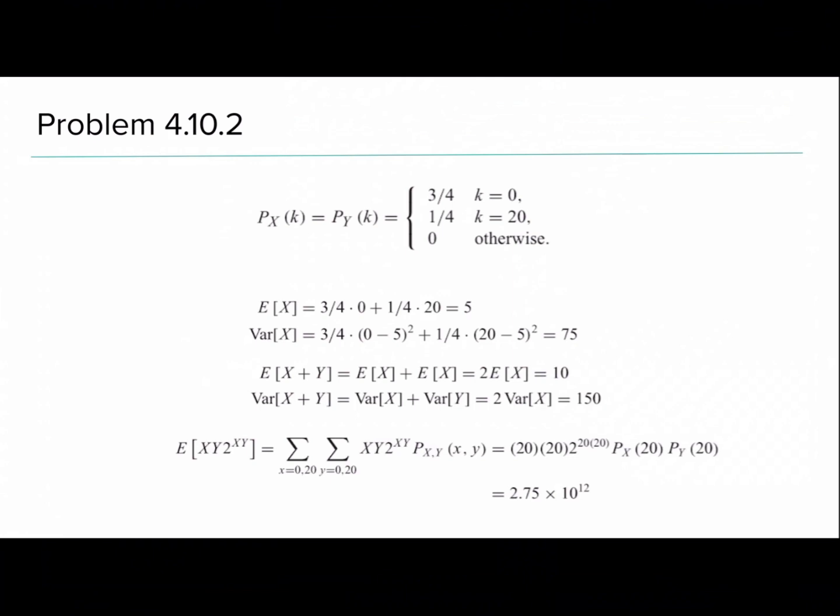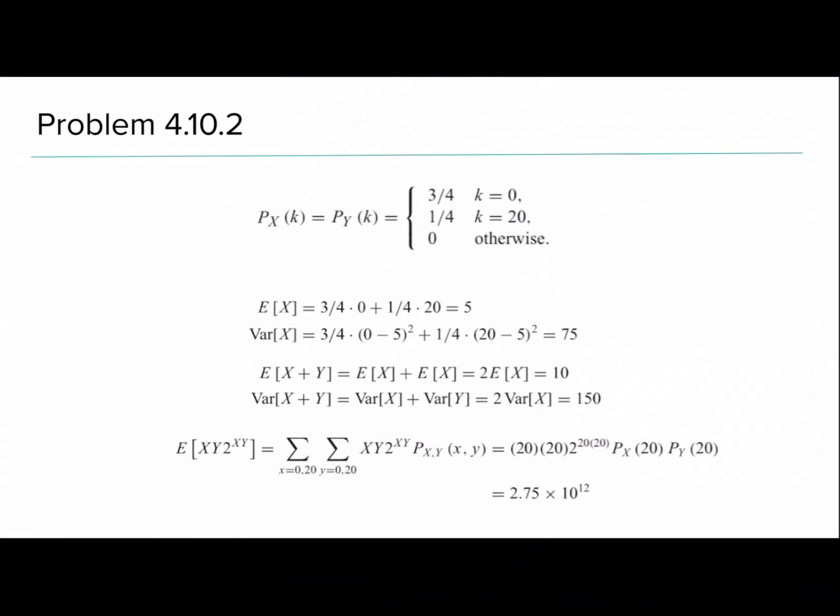Now since X and Y are independent, the joint probability is the product of their individual probabilities, which comes out to be P_X of 20 into P_Y of 20. And this is a huge number, and on calculating this comes out to be 2.75 into 10 raised to the power 12.